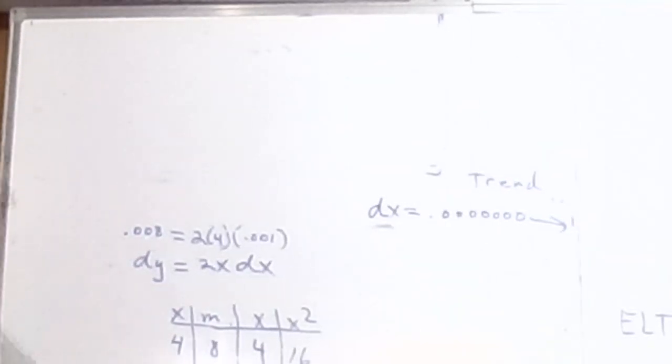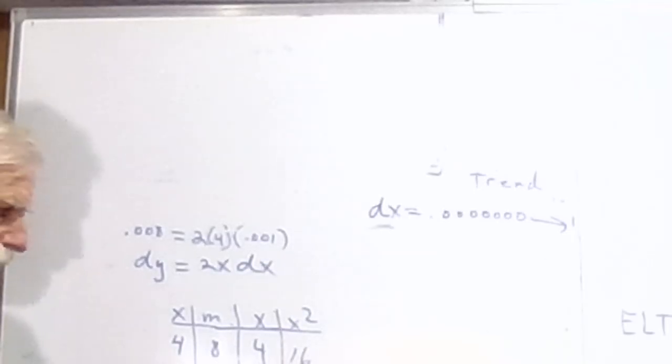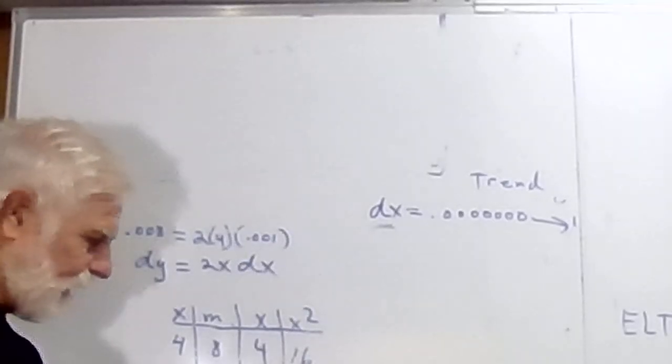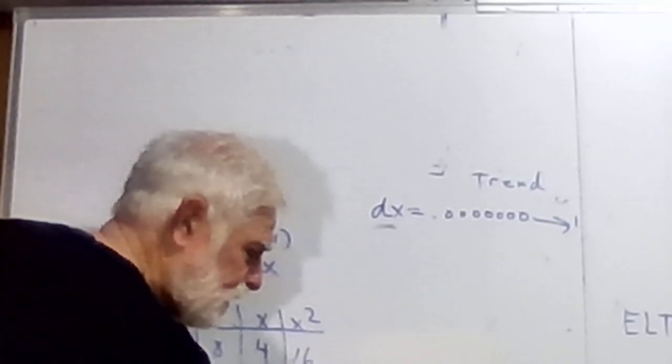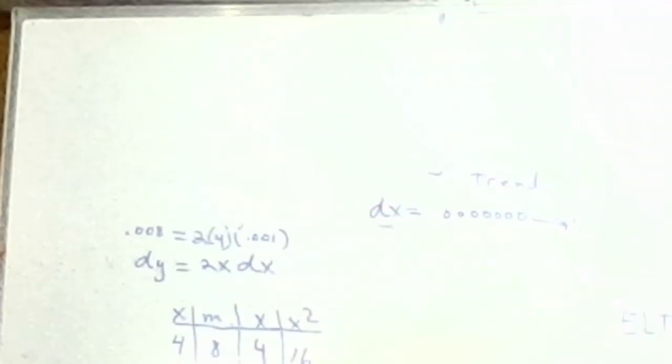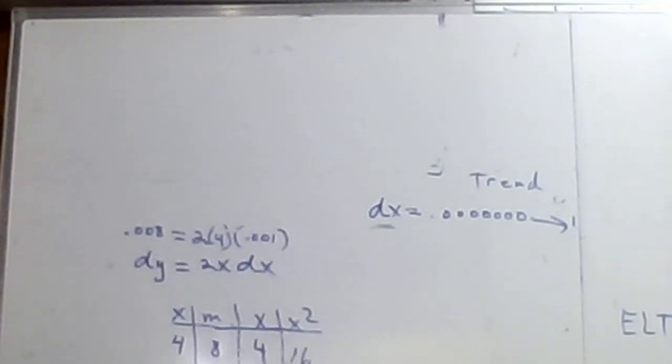And that looks to be about 8 to 1. But if I put more zeros in, like 5 decimal places, it's even closer to 8. Which means the smaller this change, the more accurate the calculations. And I think that's important to see.